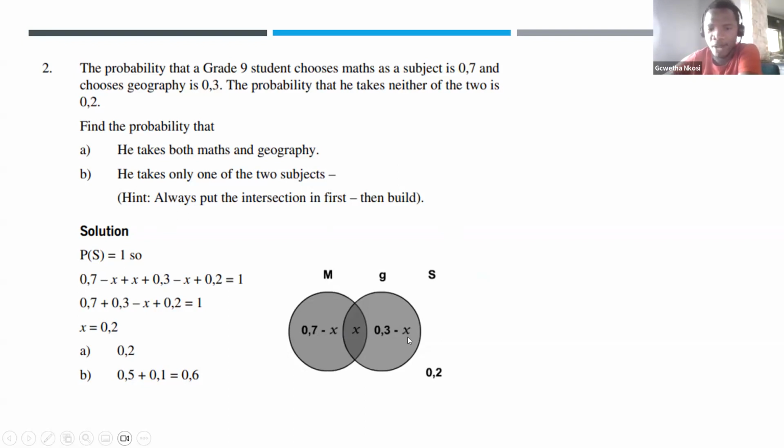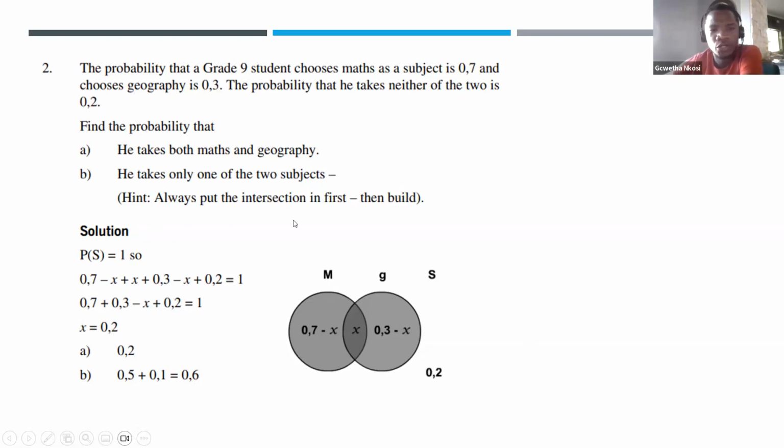Plus, remember, you put your 0.2 here. 0.3 minus 0.2, that is 0.1. So now 0.5 plus 0.1. These are the probabilities that he takes geography only, mathematics only. So those probabilities for only one subject, it's 0.6.